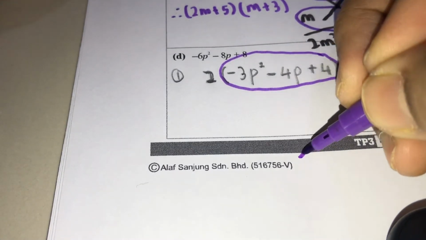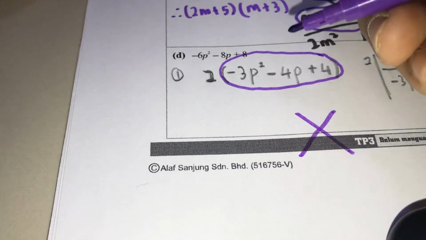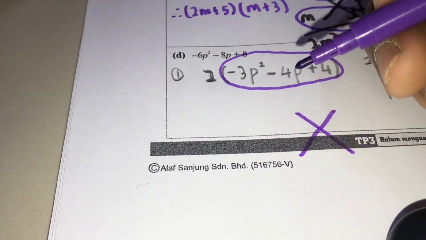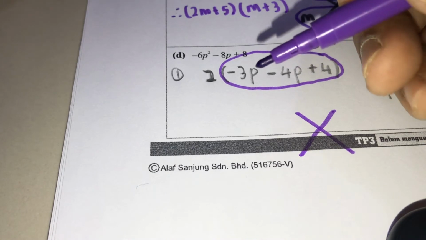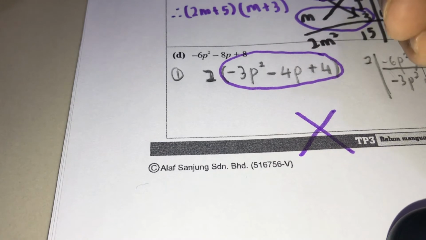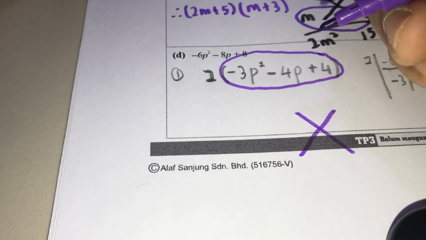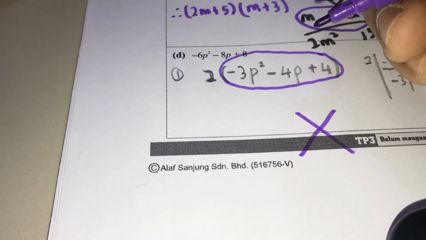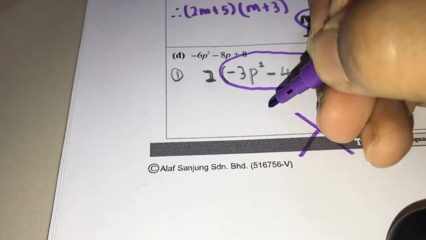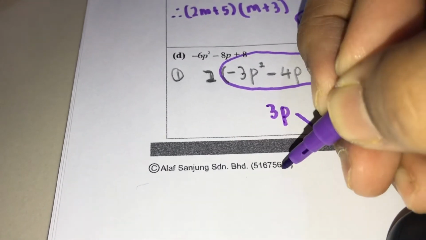So you can cross. Negative 3p times, how to make it become negative 3p square? That means 3p times negative p, or p times negative 3p, like that. So you have to try. I will choose 3p times negative p.